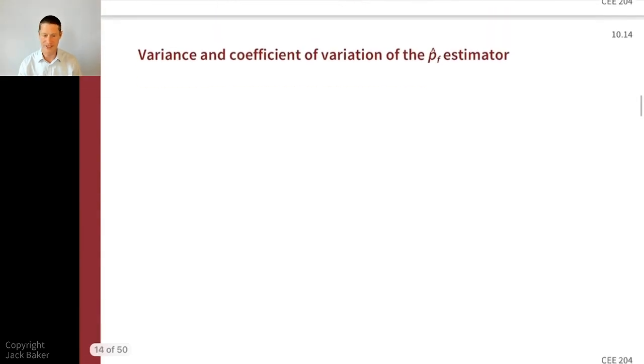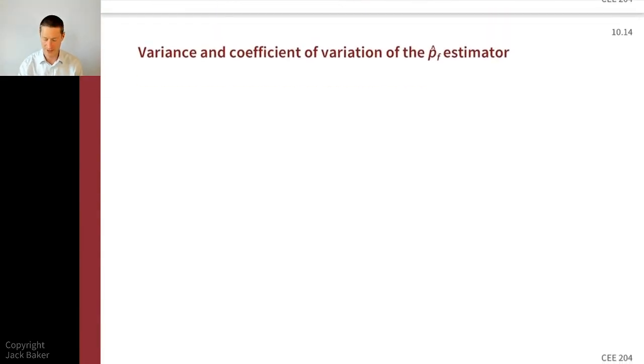So let's talk about the variance now for a few minutes. The variance of pf hat, okay, that's the variance of the formula we're using to compute it, 1 over n sum j equals 1 to n of qj.